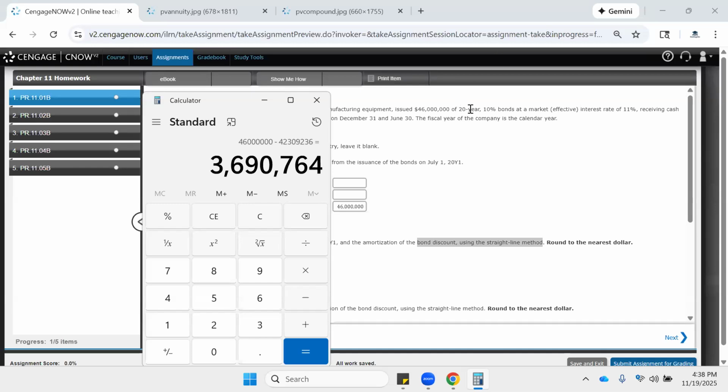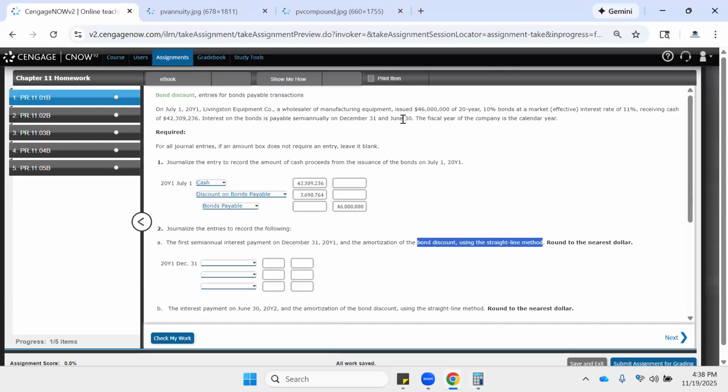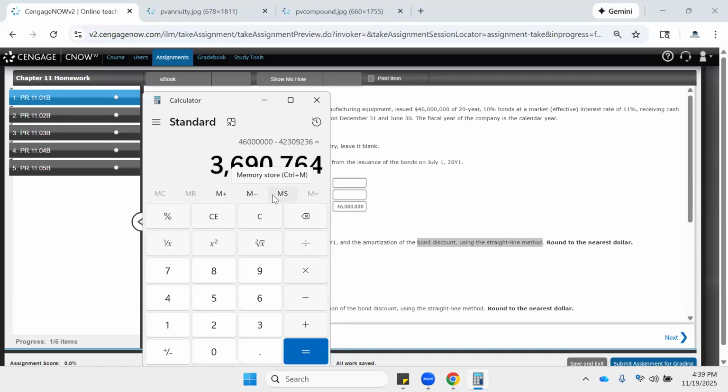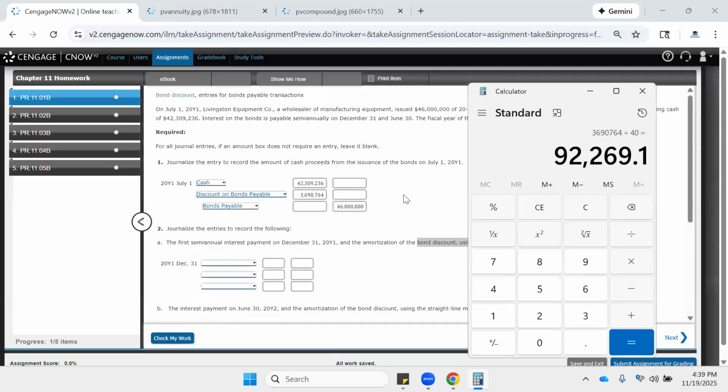And this is a 20-year bond that pays 10% interest due semi-annually on the 31st and the 30th. So there's actually going to be 40 payments, because 20 years times 2 payments per year is 40 payments. So we're going to divide this by 40, and we get 92,269 in amortization every 6 months.